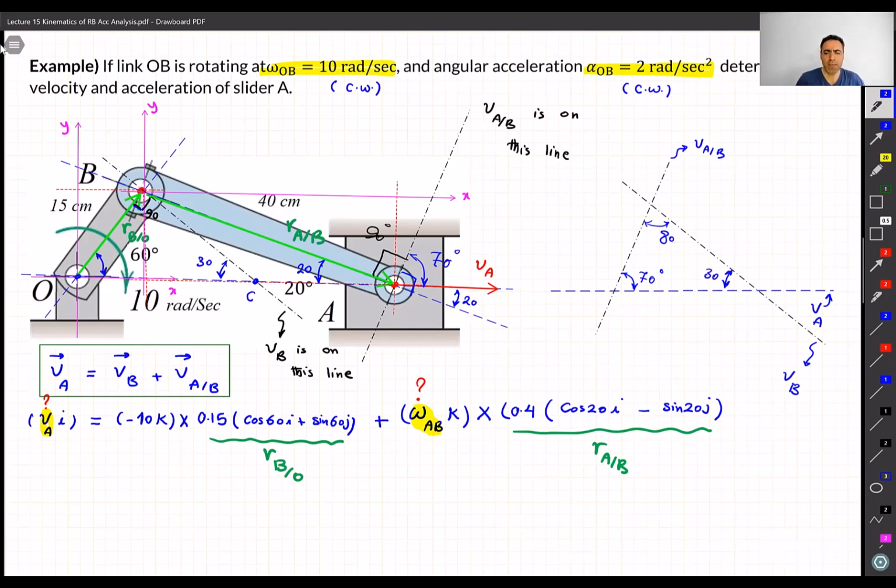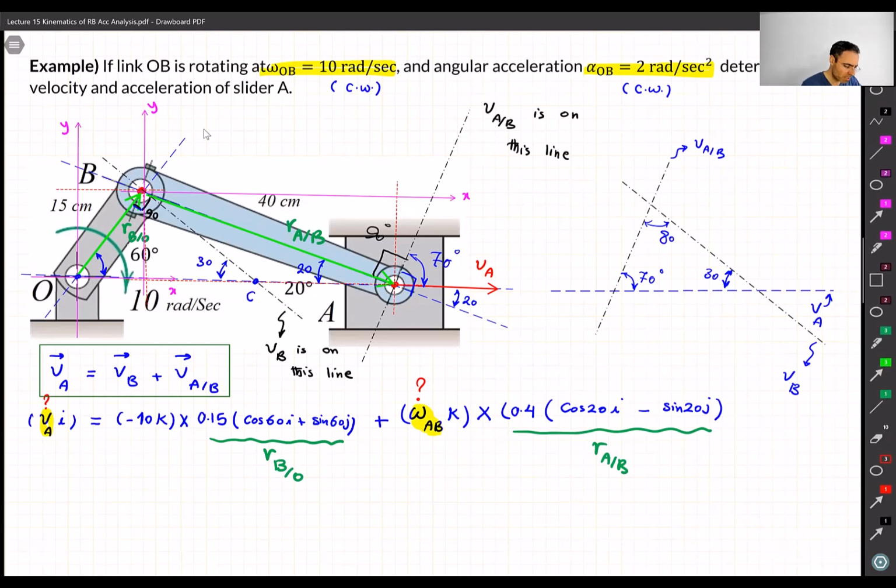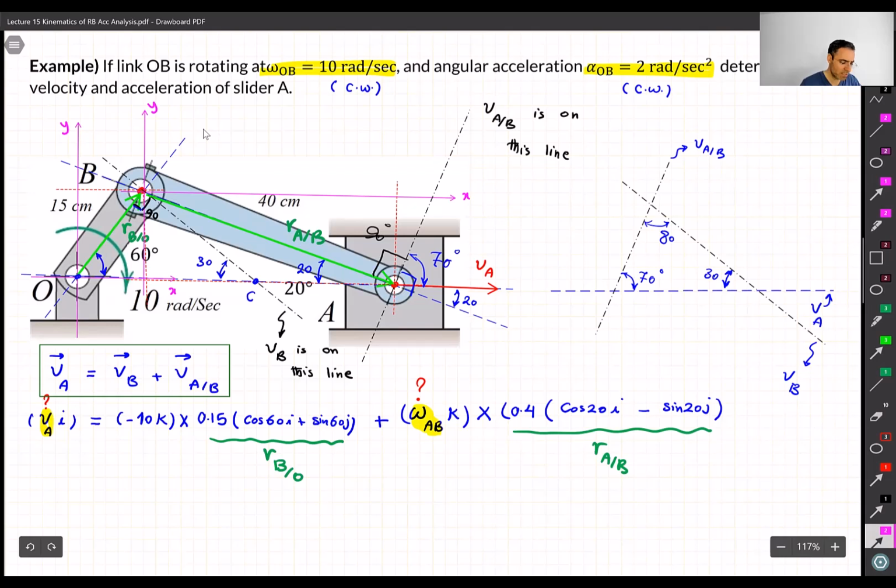We are almost done. Now, start with the one that you know, the one you have some information about, which is VB. Based on the direction, look at the omega for VB, it is clockwise. So we know VB has to be in the downward direction.